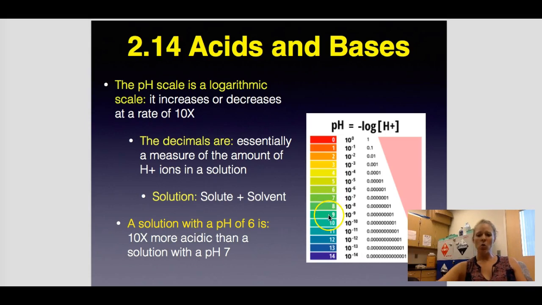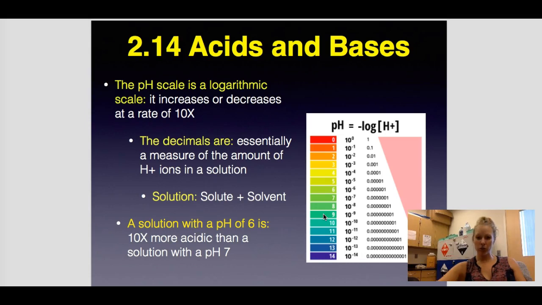The same works with the bases. Something that has a pH of 11 is going to be 10 times 10, or 100 times more basic than a solution that has a pH of 9.